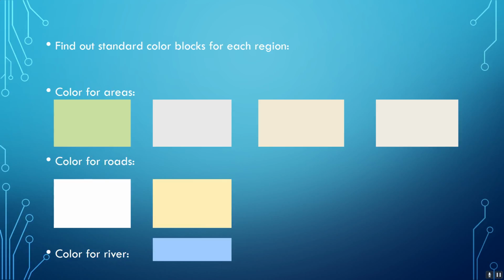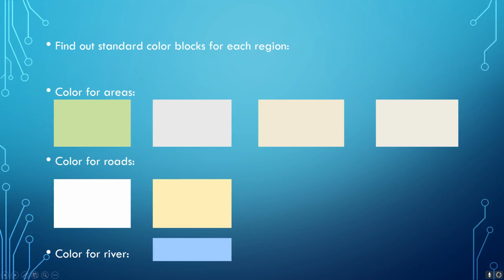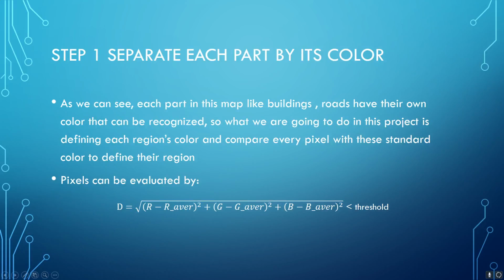For example, here we got a pixel, and we want to know if this pixel is a road pixel. So we get the RGB value of this pixel and put them into the equation of D value. We get a calculation for this value. We put every standard block's average RGB value into this equation, and we calculate them separately.